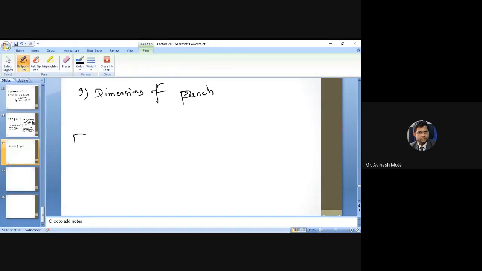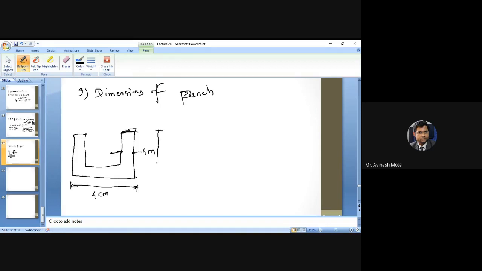Now look here carefully. This is the product, and the complete size is 4 centimeter. This is 4 millimeter, and this one is 2 centimeter.